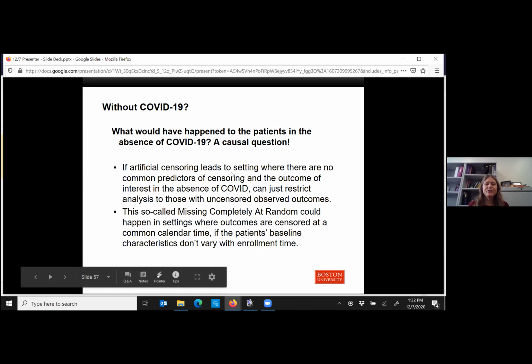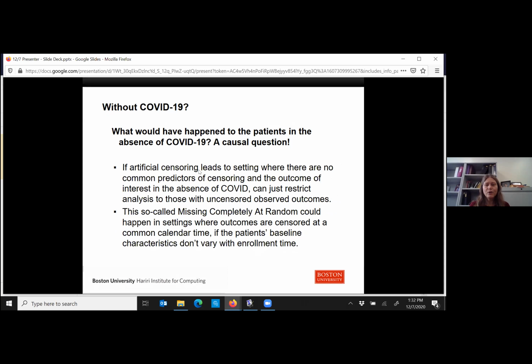If artificial censoring, when patients get COVID-19 or their care was interfered with by COVID-19, leads to a setting where there are no common predictors of censoring and the outcome of interest in the absence of COVID-19, then one can just restrict the analysis to those patients who have uncensored observed outcomes.